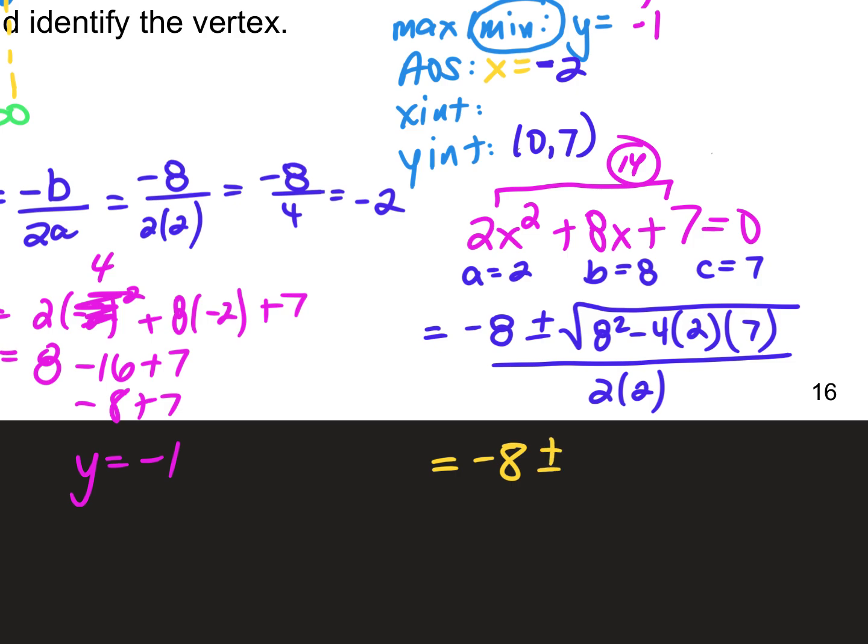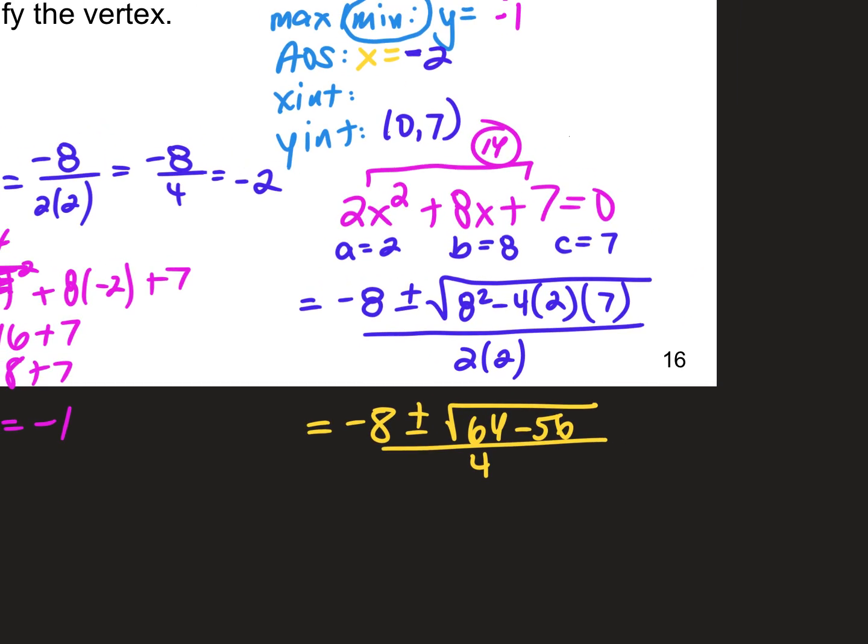Negative 8 plus or minus, what's 8 squared? Okay, minus 4 times 2 is 8, times 7 is 56, all over 4. Keep simplifying. Negative 8 plus or minus, what's 64 minus 56? 8, so square root of 8 over 4.